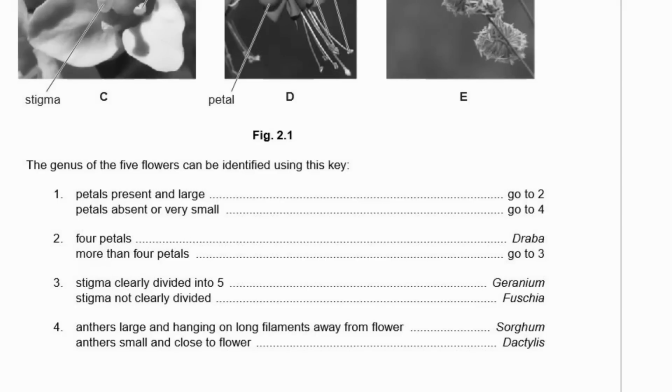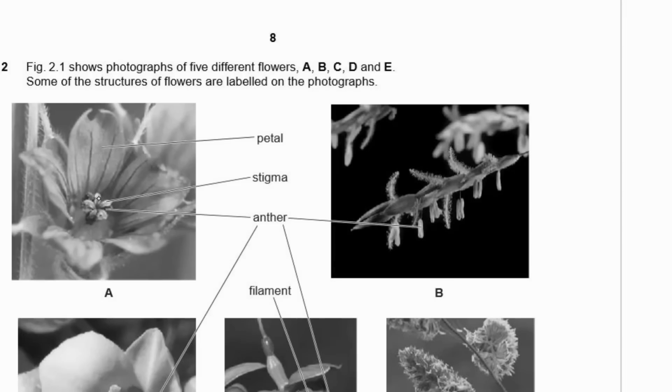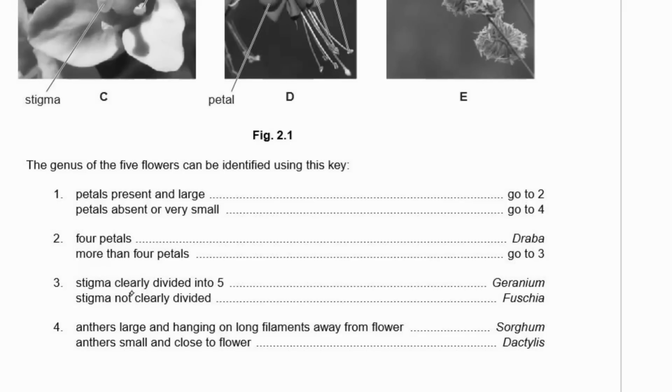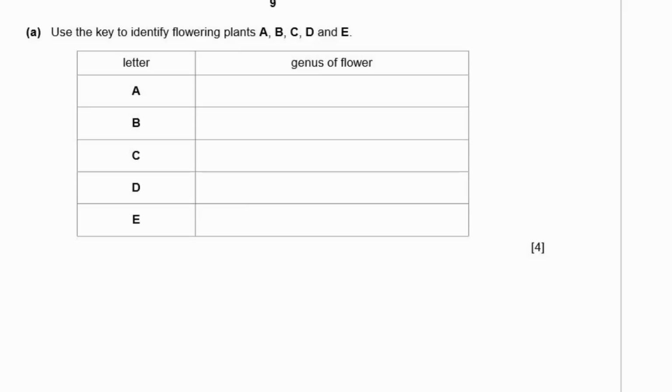Is the stigma clearly divided into 5? And the stigma here, 1, 2, 3, 4, 5. Yes, it is. So that means if the stigma is clearly divided into 5, this is a geranium. So we'll fill in the letter, this question A, use the key to identify the flowering plants, A, B, C, D, and E. Letter A is a geranium.